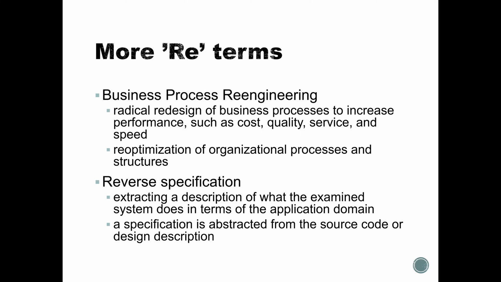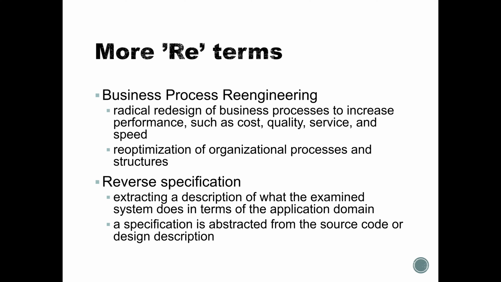There are other re terms associated with this. The first one is business process re-engineering. Business process re-engineering means the radical redesign of business processes, which we perform to increase performance, and this performance can be in terms of cost, quality, service, and speed. We also have the re-optimization of organizational processes and structures.